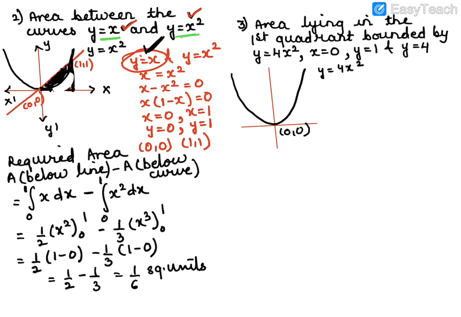This time it's y is equal to 1 and y is equal to 4. ऐसा है. Again mark x, x dash and y, y dash. So therefore अब क्या बोला है? In the first quadrant. तो मुझे सिर्फ ये एरिया पूछा हुआ है, ये वाला.